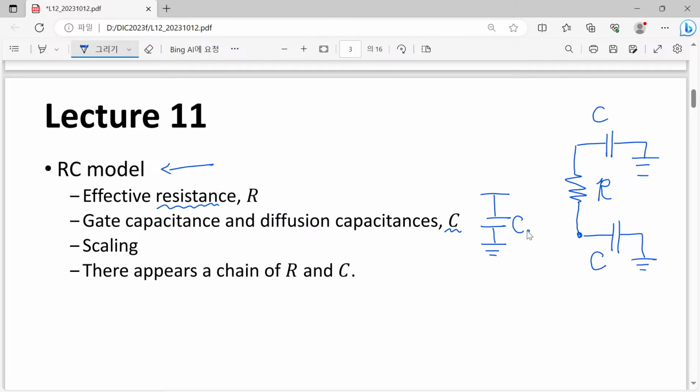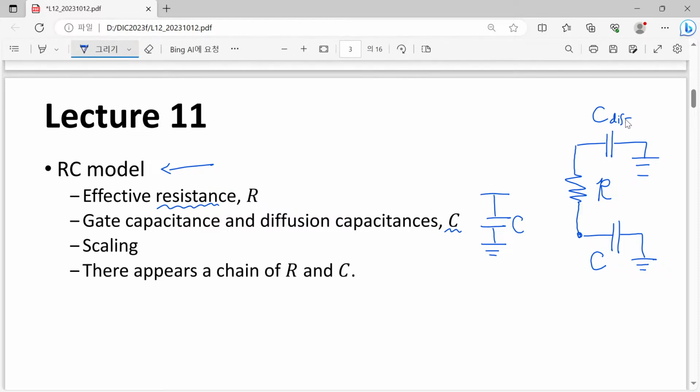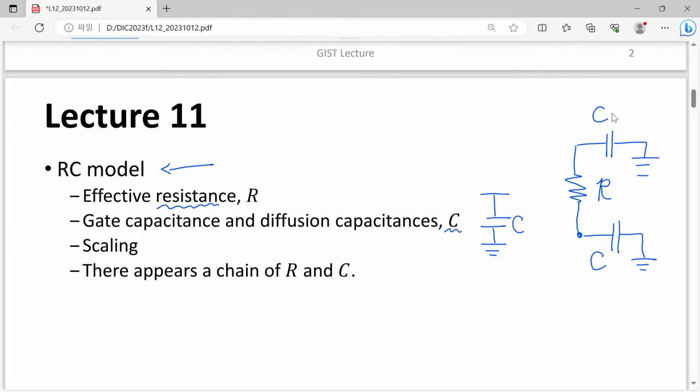If we annotate them, we can write it this way. But in this lecture, not in reality, we just assume that they are quite similar to each other. That's the reason why we introduce just an effective capacitance C, but in reality they can show a little difference. So please understand those differences.